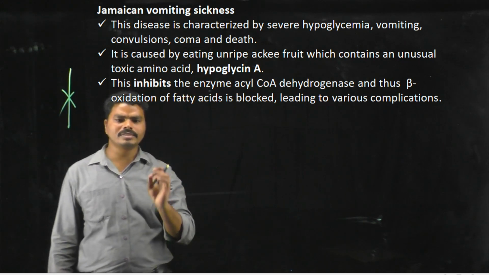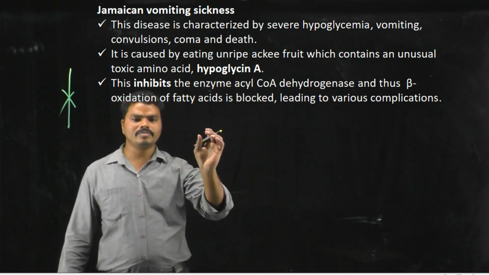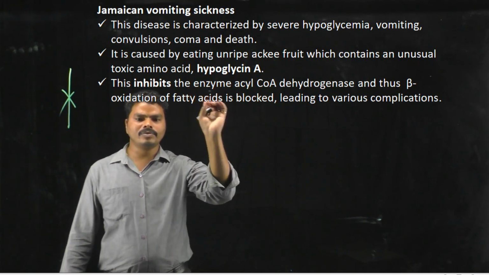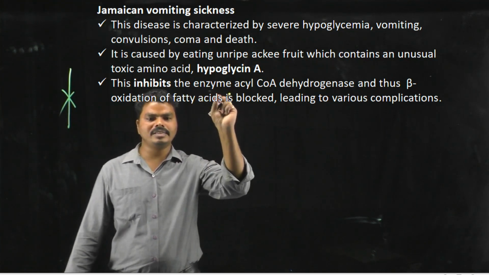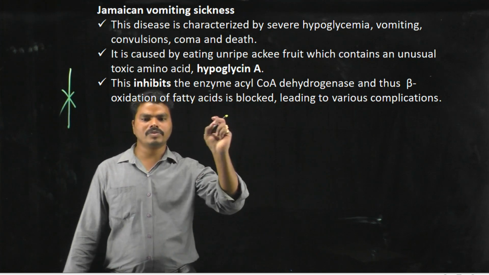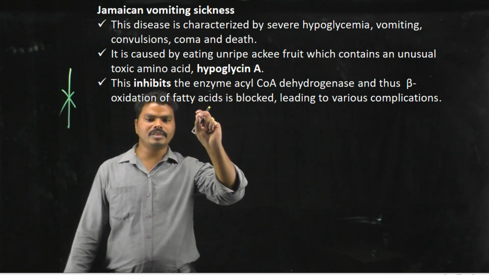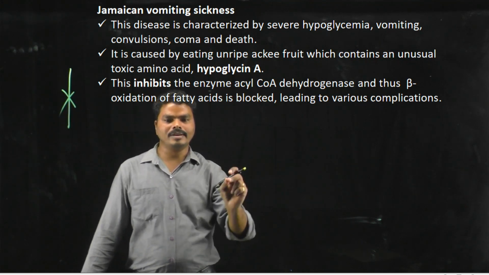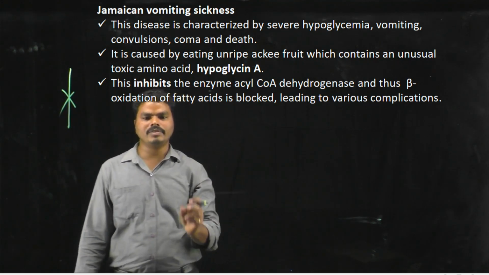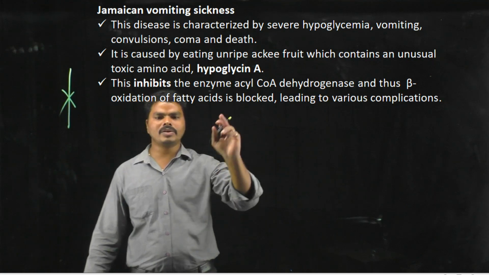So what is the reason for that? The unripe ackee fruit contains a toxic amino acid, hypoglycin A. This unusual toxic amino acid will inhibit the enzyme acyl-CoA dehydrogenase.